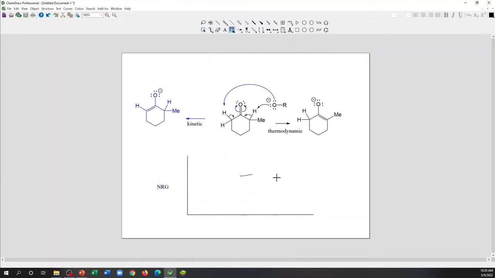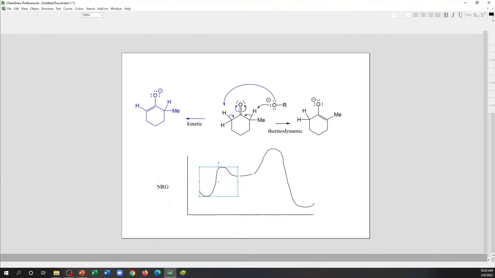And so if we go to the thermodynamic pathway, what I'm stating is that the energy activation barrier will be higher because we've got to push an alkoxide through that methyl group, but our overall energy state will produce a more stable compound. And therefore, if we push the other direction, the kinetic pathway, we're going to go through an energetically lower transition state, but we won't drop as far down in energy because the di-substituted alkene here is not as stable.